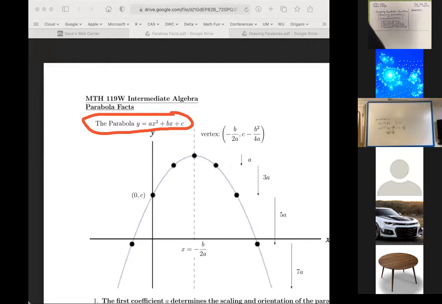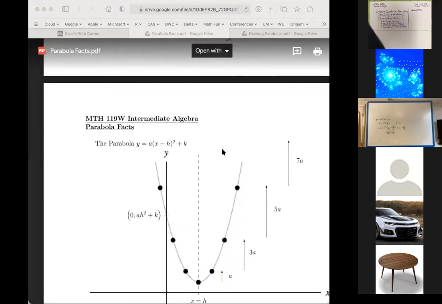Or, let me clear that so I can advance the paper. You can set up the parabola in what's called the vertex form, where you highlight the vertex position H and K and use that to set the vertex and choose points on either side of the parabola.